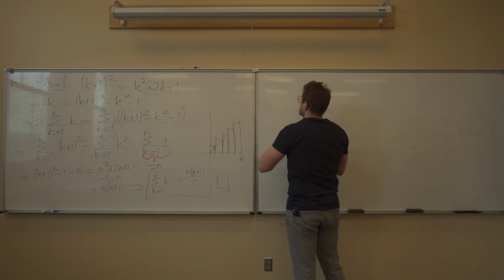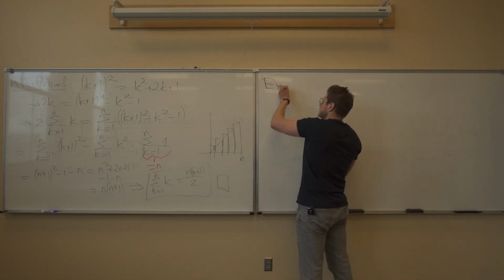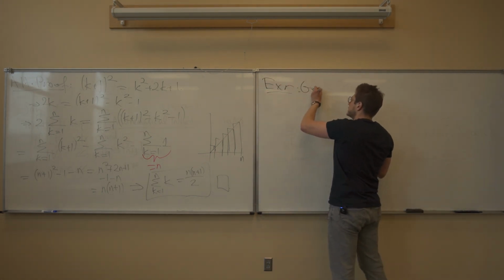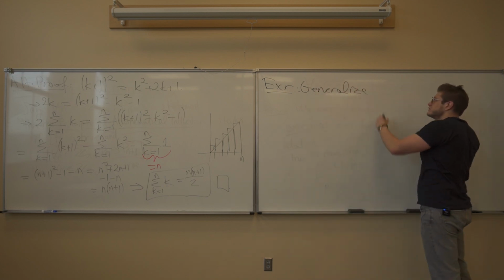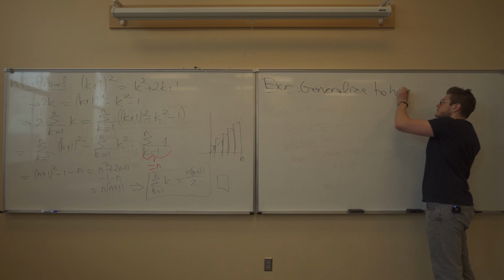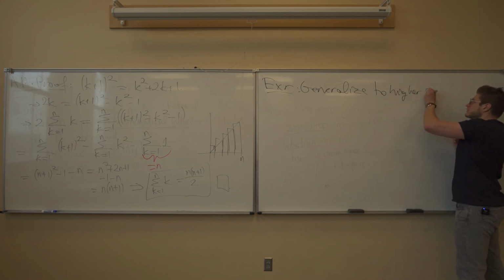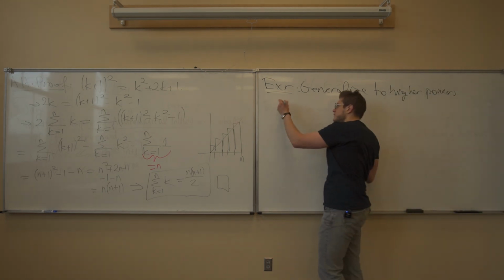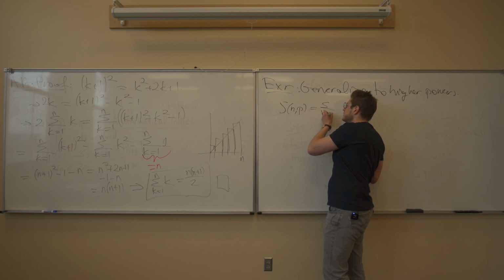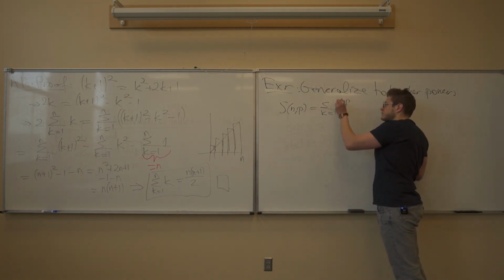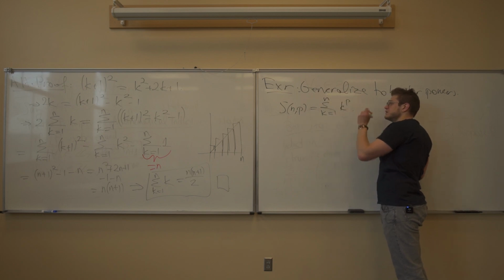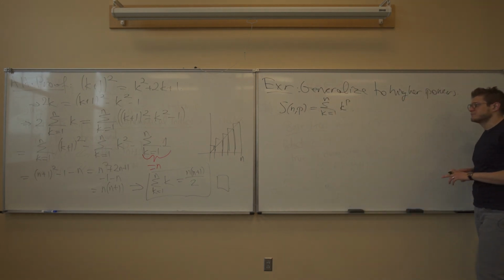So, exercise. Generalize to higher powers. Let's say you define S of n comma p to be the sum of all p powers from 1 to n, and you want a closed formula for S of n comma p.